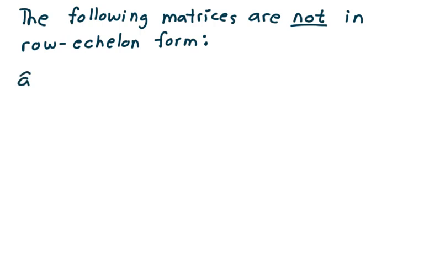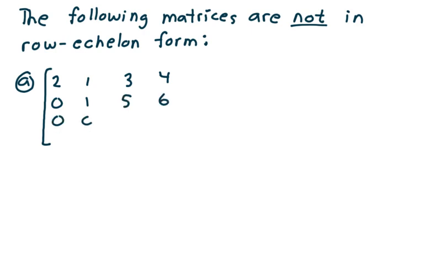Let's take a look at A. Here's the first row: 2, 1, 3, 4. The second row, 0, 1, 5, 6. The third row, 0, 0, 0, 0. The fourth row, 0, 0, 1, 0.